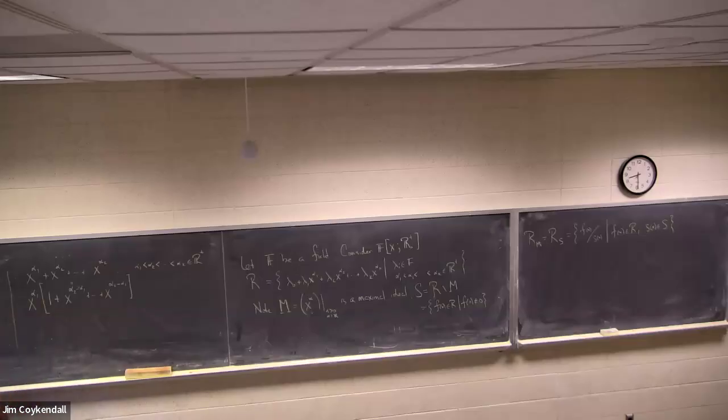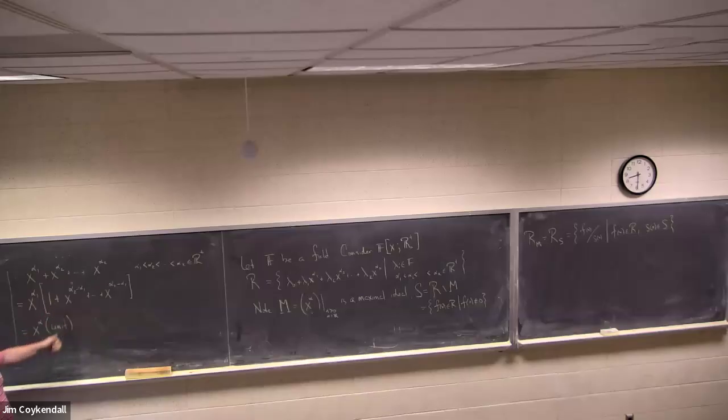Everybody agree with that? And now, from a factorization point of view, I can effectively ignore the rest. This original thing is just x to the alpha 1 times a unit.